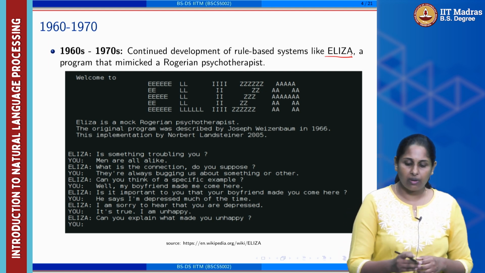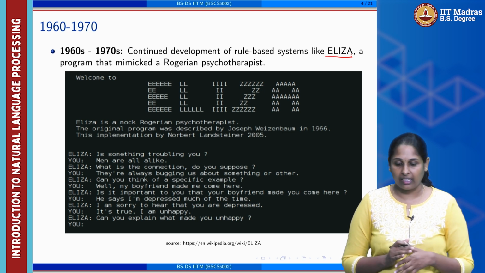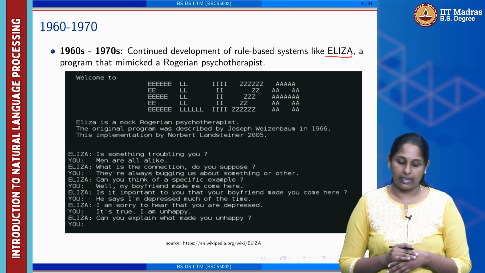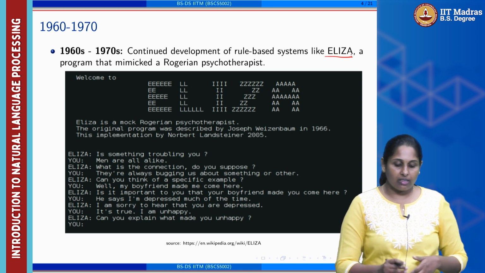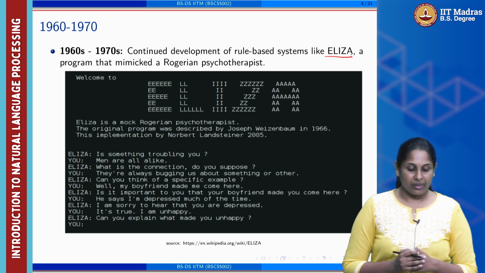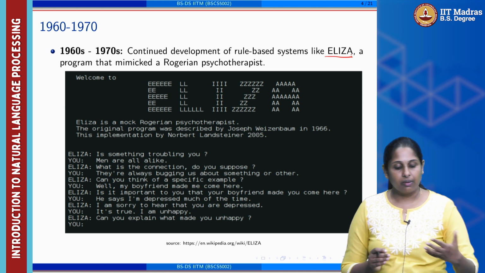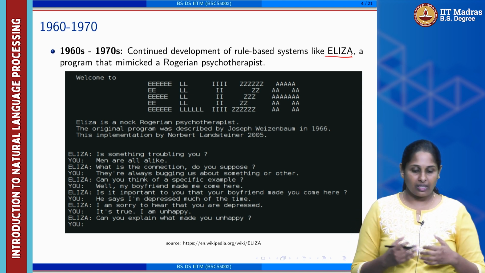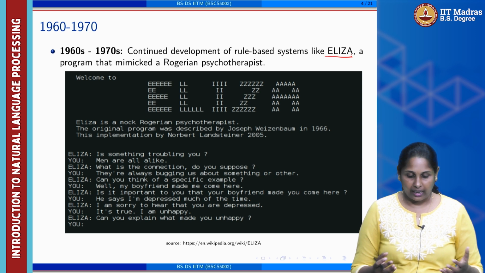The original program was described by Joseph Weizenbaum in 1966, and it was implemented later in 2005. For example, in the example given here, you could see Eliza asking the person, "Is something troubling you?" And the person says, "Men are alike."